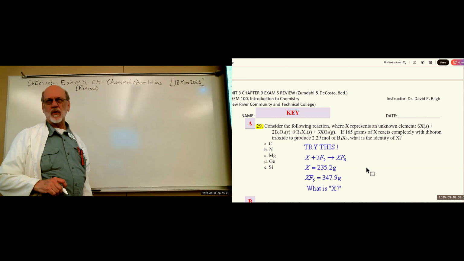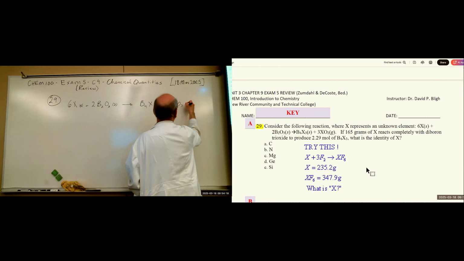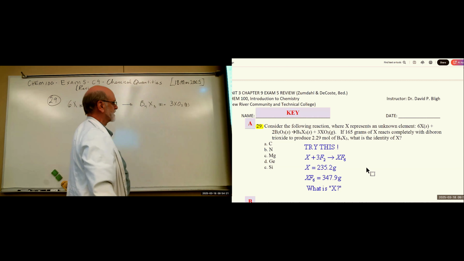So we have 6X solid plus 2 diboron trioxide, which is also a solid, yields tetraboron tri-X, B4X3, plus 3XO2.